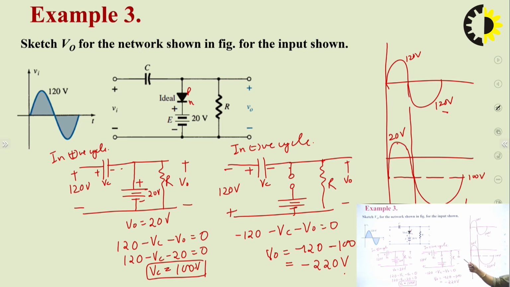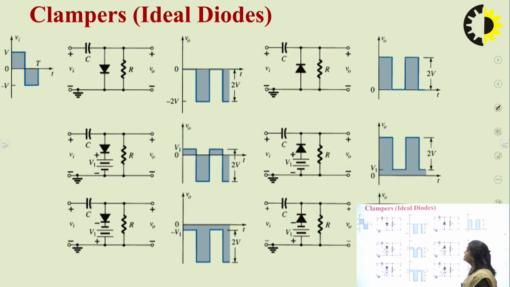If it is coming from minus to plus, then this 100 will be above the zero line. In the positive half cycle we are getting 20 volt, in the negative half cycle minus 220 volt, and the total swing of 240 volt is there. The total swing always remains the same in the case of a clamper.